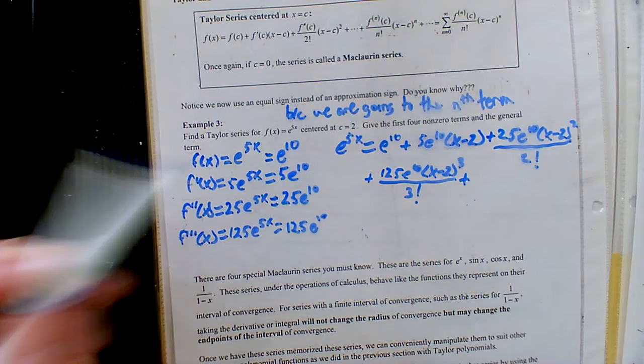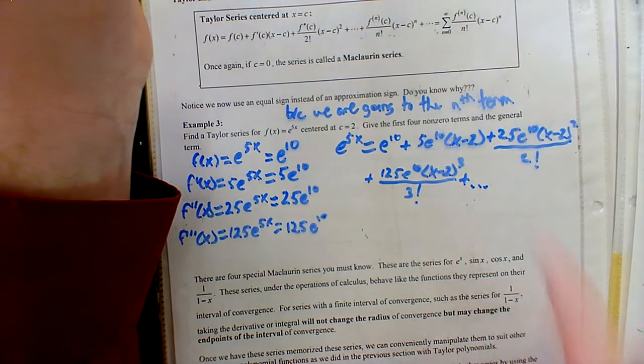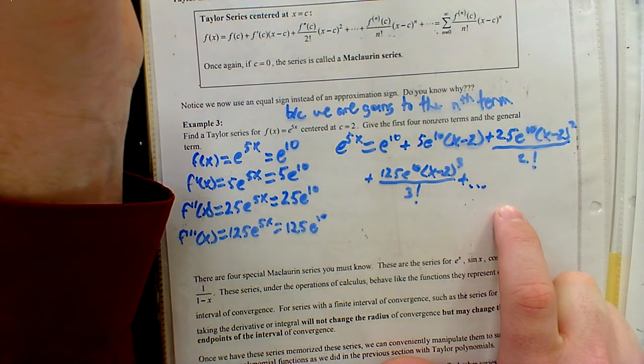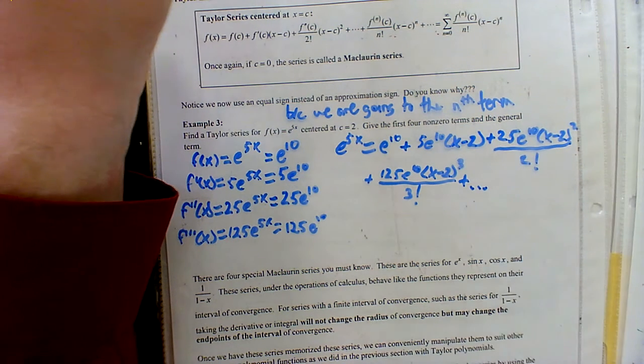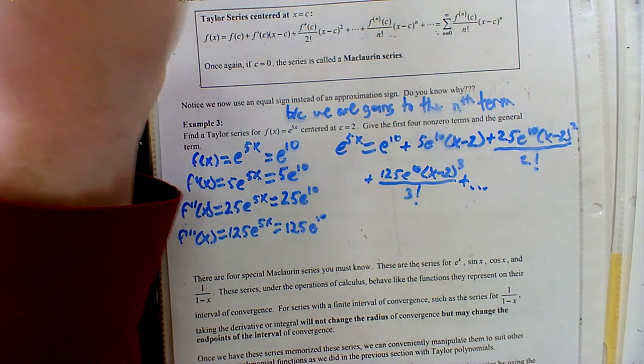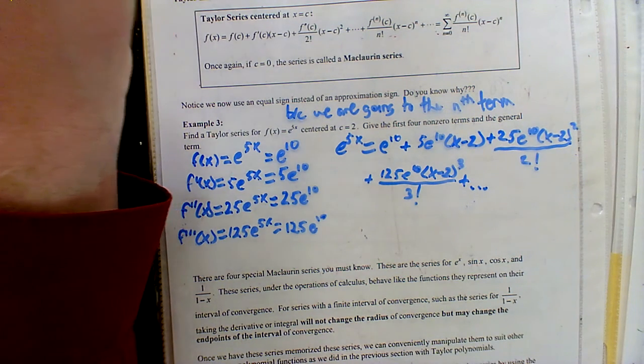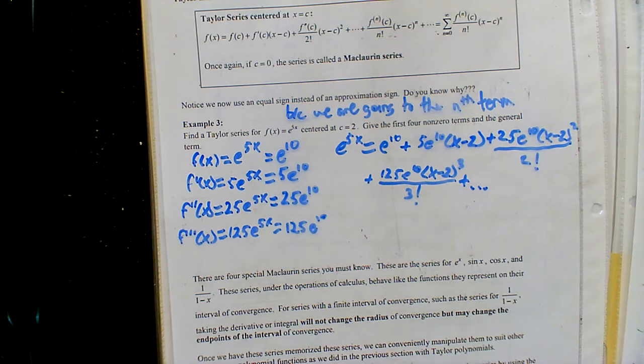So those are the first four terms. Then we're going to have dot, dot, dot. We need to come up with our general term. And again, this is a series, so we have to have our general term plus dot, dot, dot because we're going to infinity. So what would the general term of e to the 5x be?